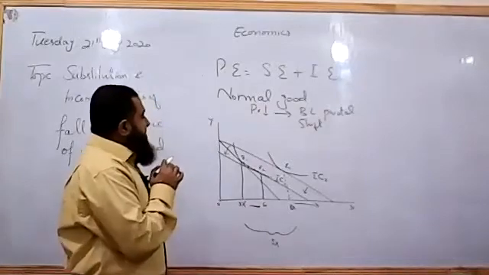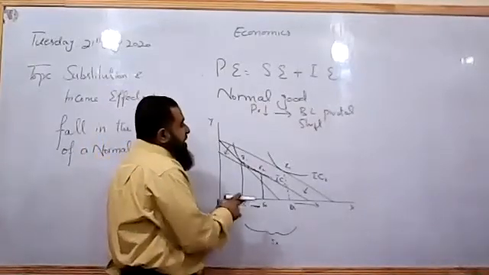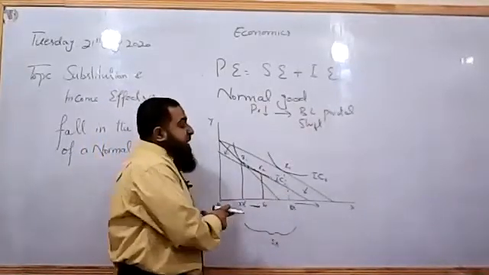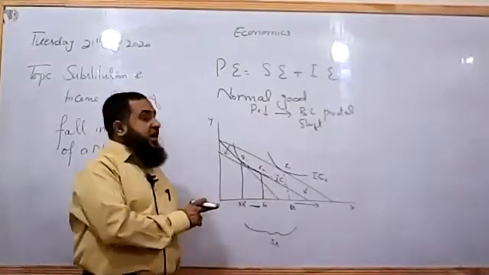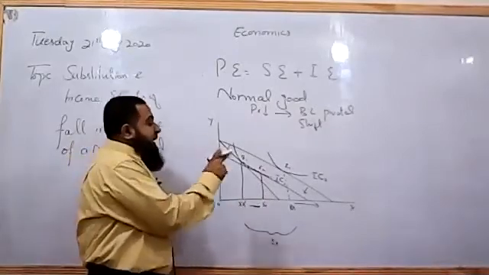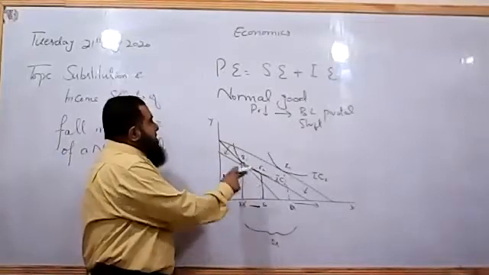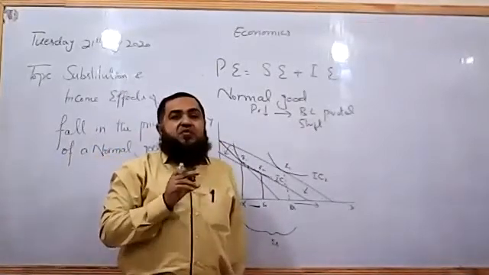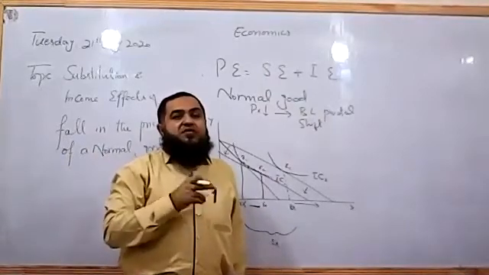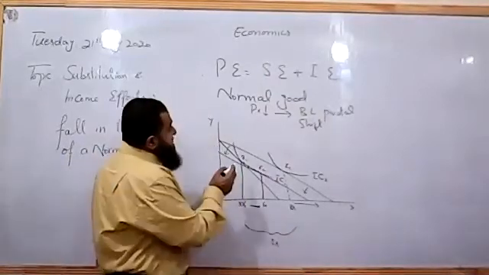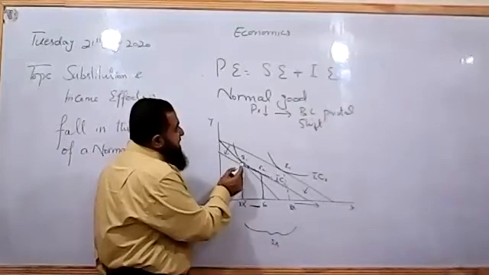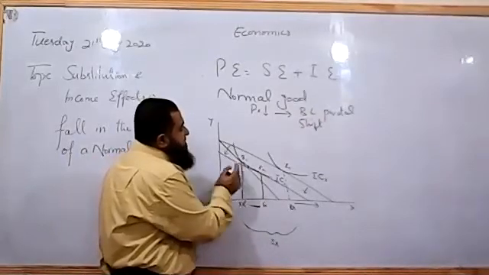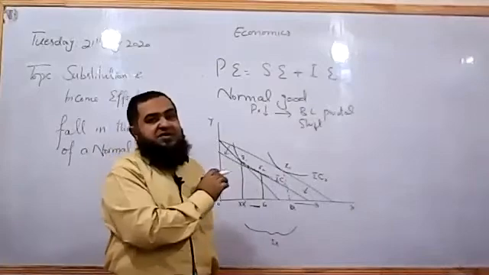As the consumer is increasing the buying of commodity X, he is buying less of Y. The reason is that commodity X is relatively lower priced than Y, so he is substituting good Y with X. This substitution effect can be seen along his previous indifference curve, the movement along the previous indifference curve.